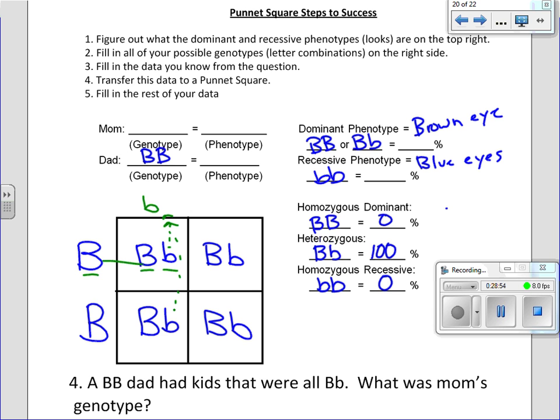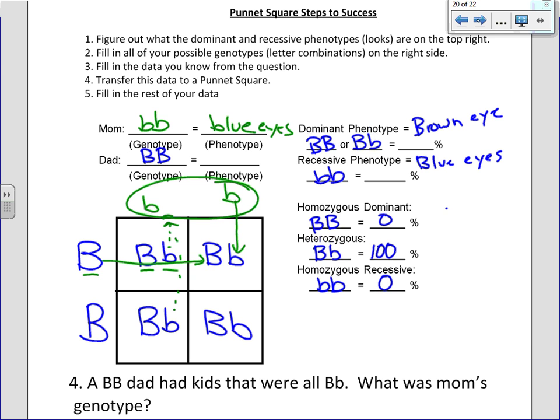If this big B is this, that means that this little b right here has to come from up here. So it's essentially working backwards to figure out that that's mom. Mom goes here. And the question is asking what's mom's genotype? Little b. And if you wanted to go even further, what's her phenotype? Well, we know that mom has blue eyes. Look at that. This is true genetics mastery.